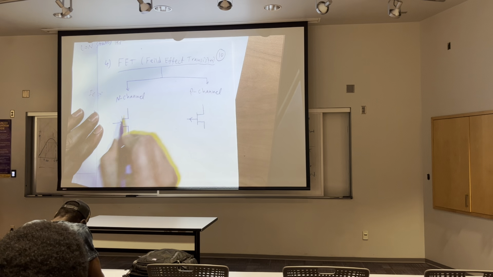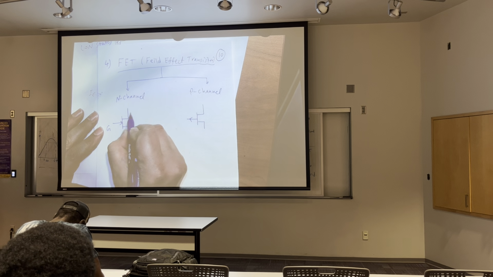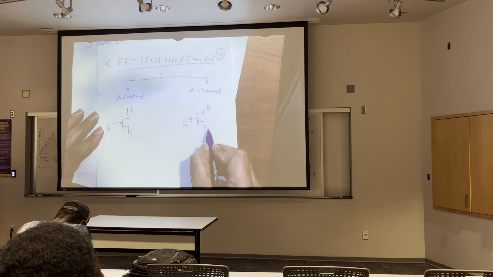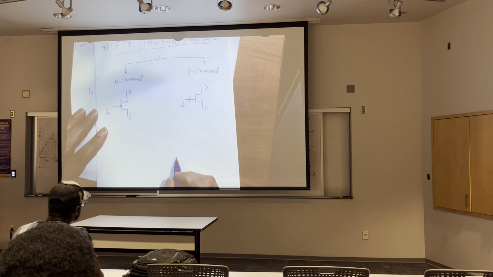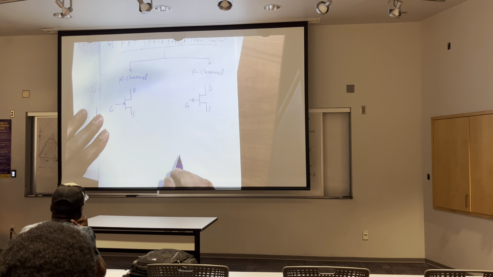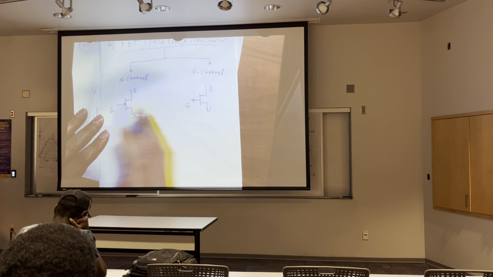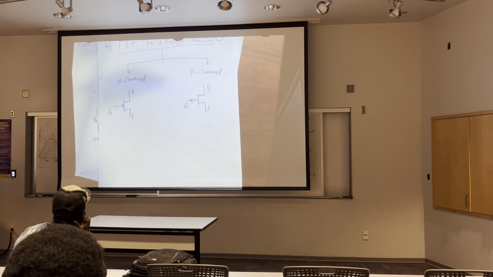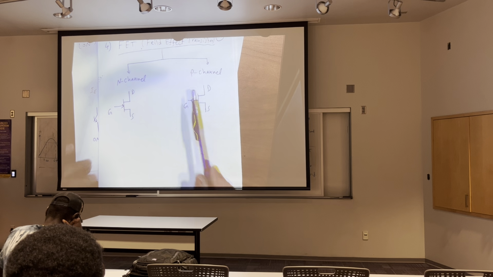And this is gate, drain, source. For N channel or P channel, same concept. Just reverse the DC biasing. That's it, but the same concept. And for the AC circuit, same: the AC is positive, negative, positive. So for DC, good.